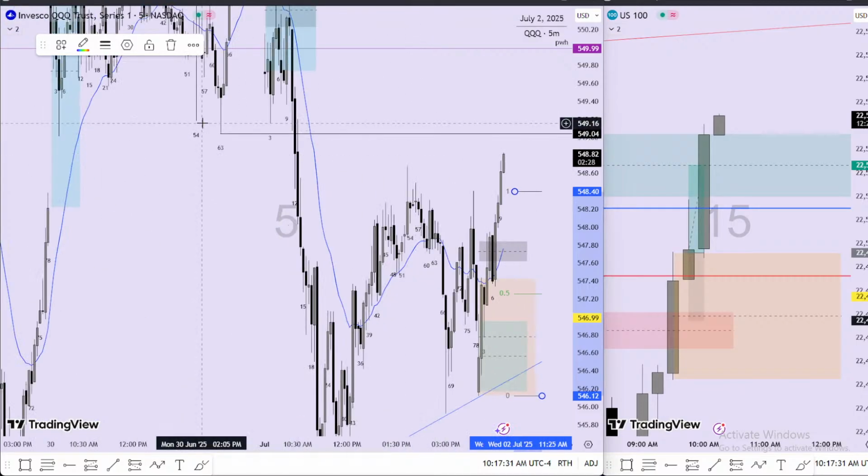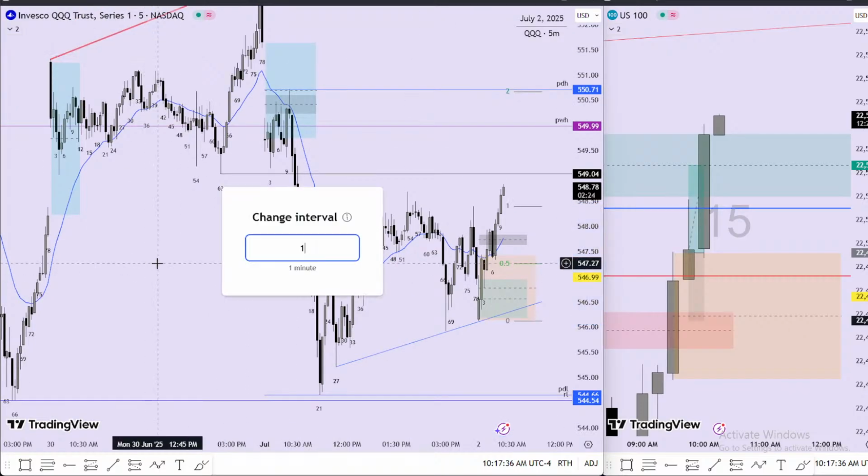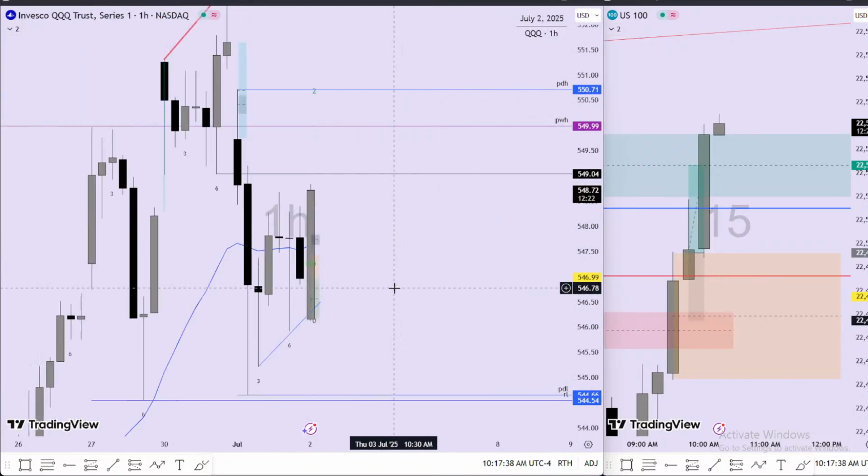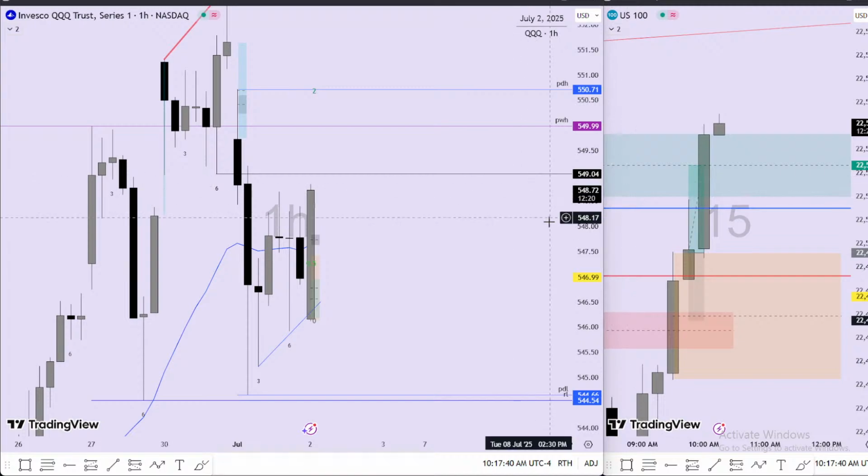We're about to test this gap. We're about to close this gap on the hourly. So now we have 12 minutes left till this hourly candle is going to close.